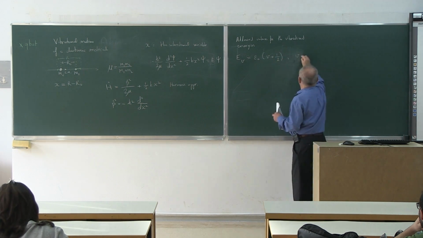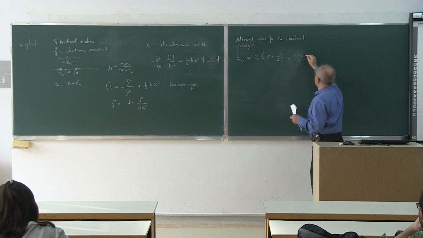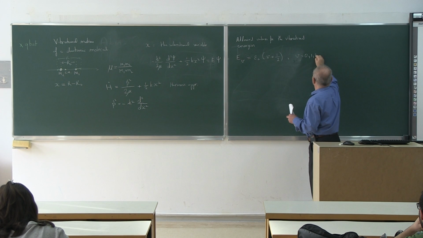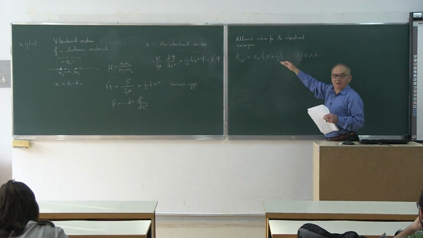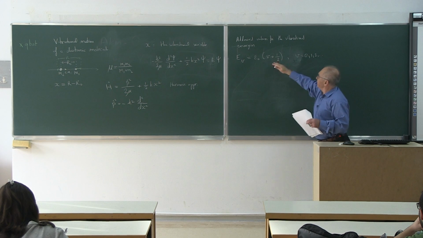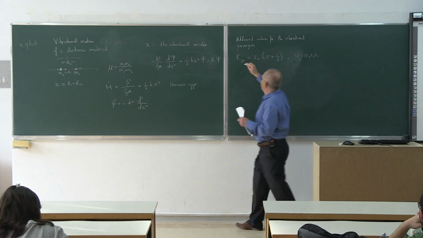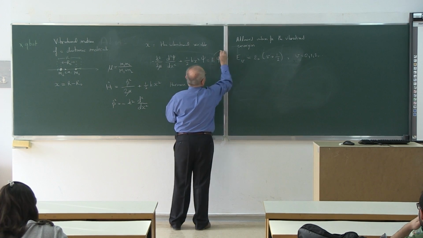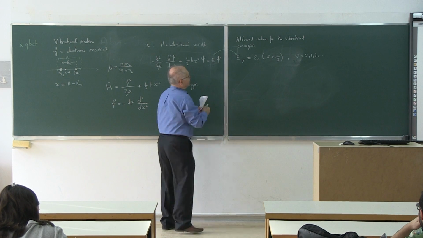Where v is the vibration quantum number. It starts with 0, 1, 2, and so on, all positive integers. These are the allowed values for the energies here.